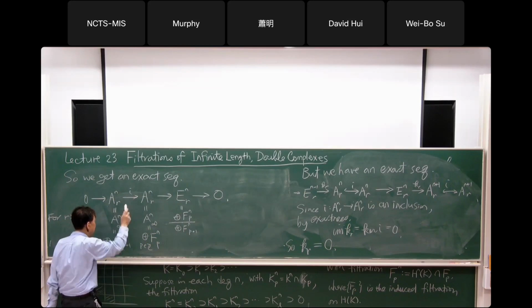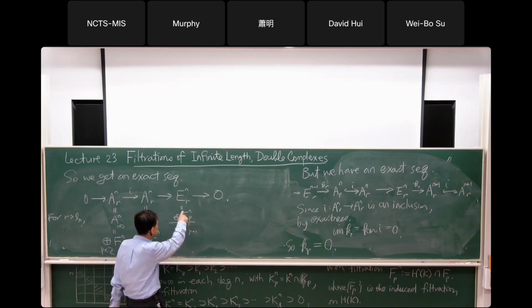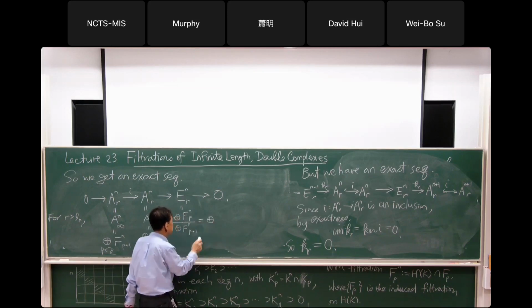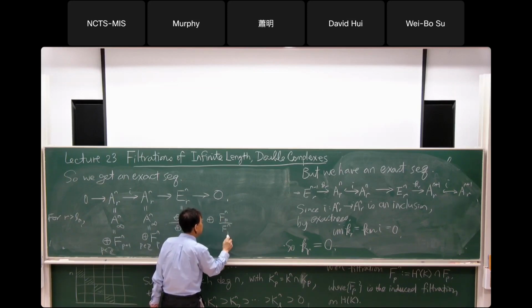This map i maps F^(p+1) to F^p. And this, by a theorem of algebra, is the direct sum of H^n F^p over F^(p+1).